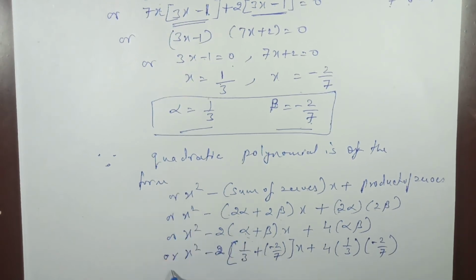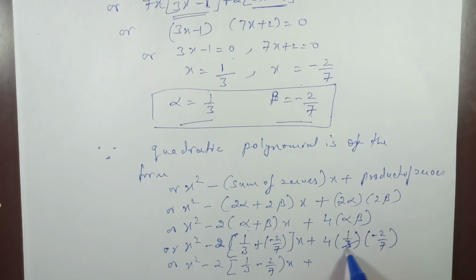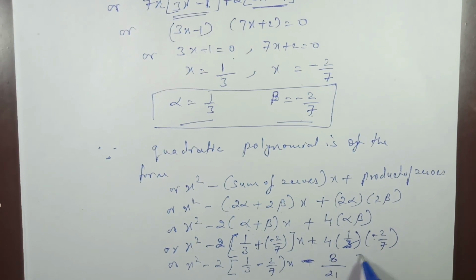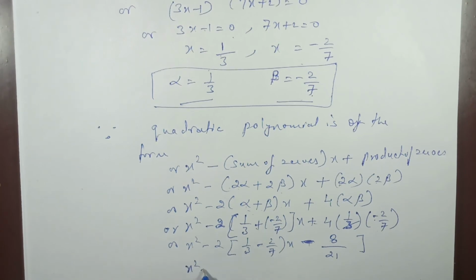Let us do the basic calculation work over here. So after taking the LCM we'll get 1 upon 3 plus minus 2 upon 7 into x plus 4 into, 3 will not be cancelled. We're going to multiply 7 times 3 is 21, minus 4 times 2 is 8. This will be calculated after taking the LCM. We'll get 7 times 3 is 21, 7 minus 3 times 2 is 6, x minus 8 upon 21.